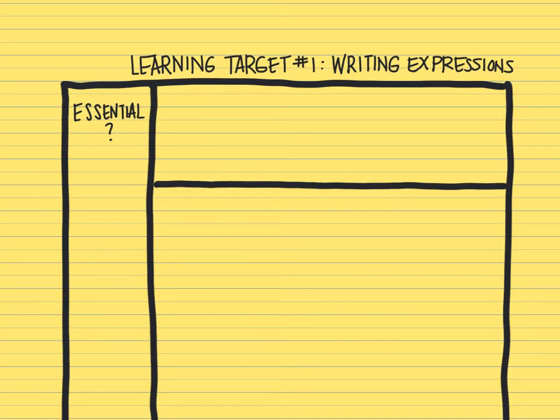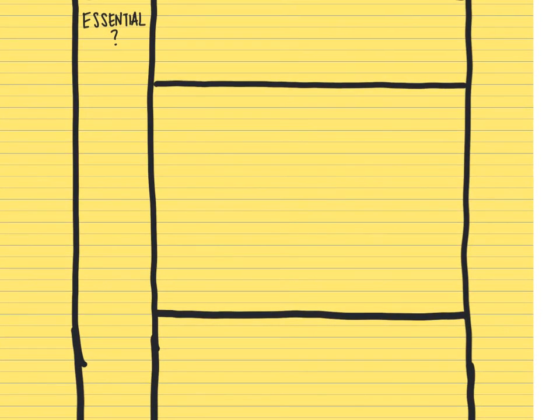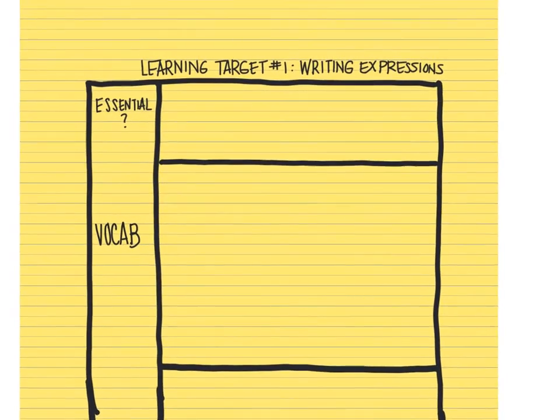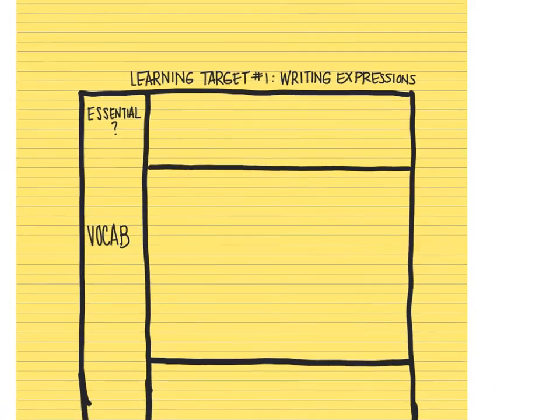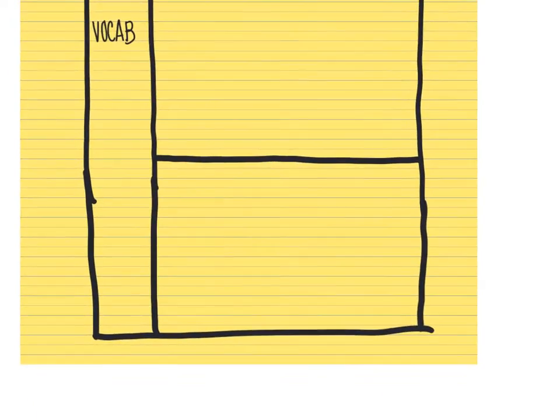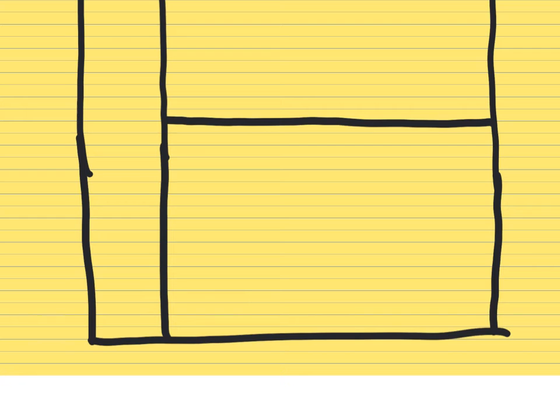And the second thing you're going to put in the second section is vocab, or vocabulary. Okay, vocab. So far we have essential question, we have vocabulary, and the last piece is writing expressions.